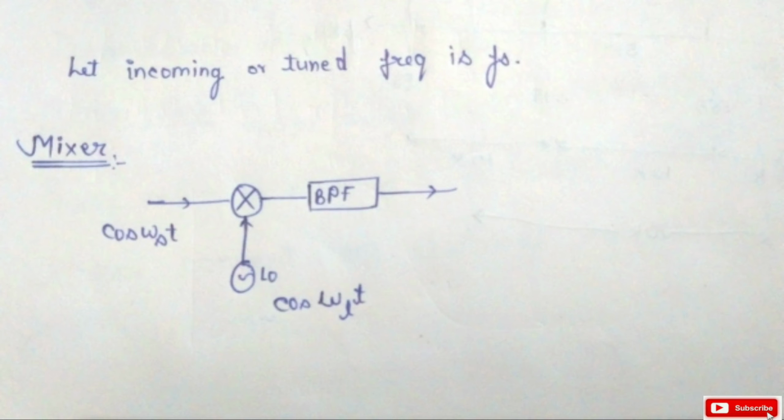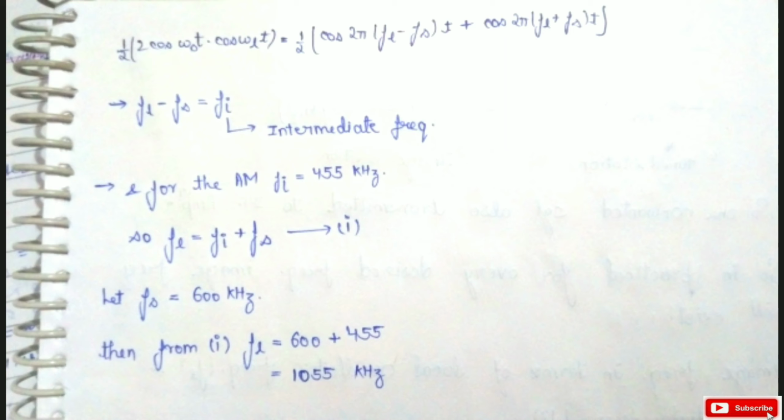The resultant of cos omega st multiplied with cos omega lt is represented by cos (omega L minus omega s)t plus cos (omega L plus omega s)t. Then we change this omega term into FL, and it is represented by this term.